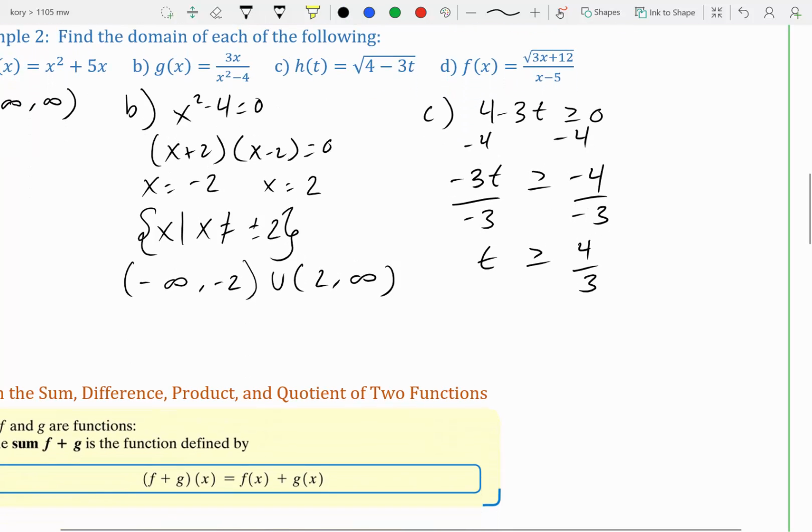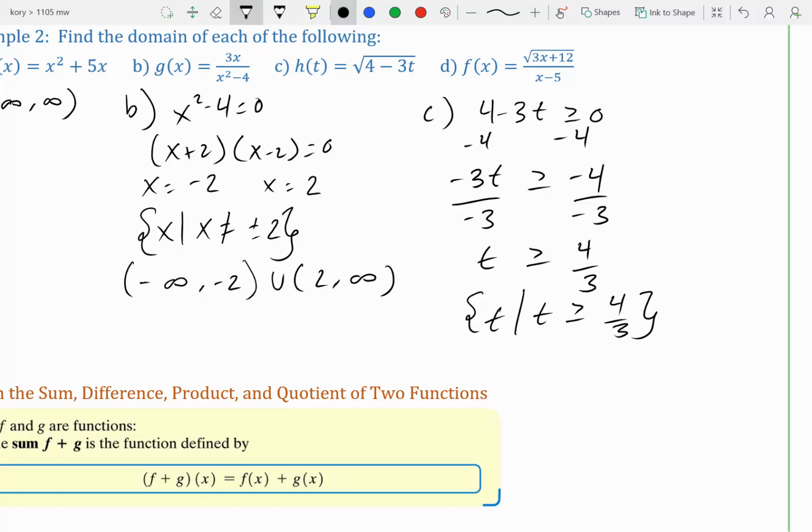Now to write this in set builder, it's x, or excuse me, t is the variable this time. I always do that. t such that t has to be greater than or equal to 4 over 3. And then if you want to write this in interval, nope, let's go back. I didn't catch it.